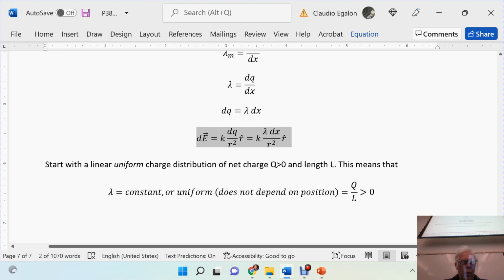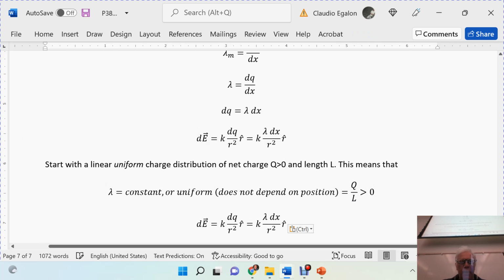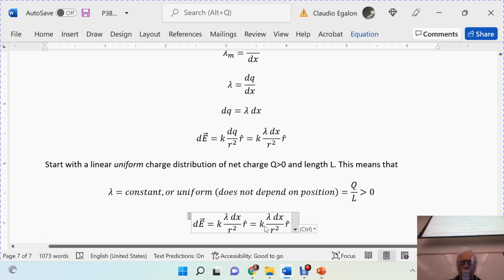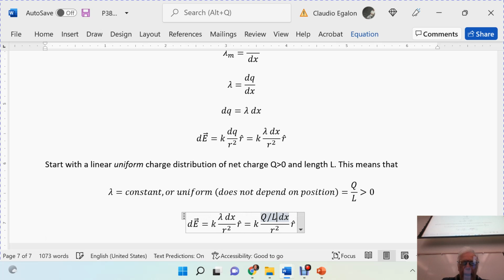Here you go. From that simple investigation that we did, we can say that the infinitesimal electric field contribution is going to be given by Q over L dx.